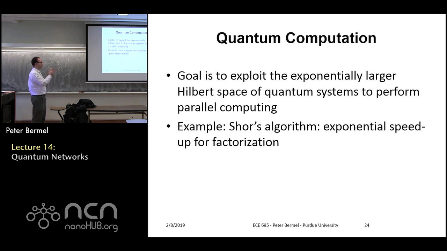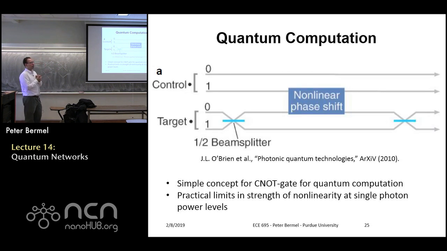So in principle, we could be close to this crossover point where you go from relying predominantly on classical computation to quantum computation, in principle, right? So how do you do quantum computation?